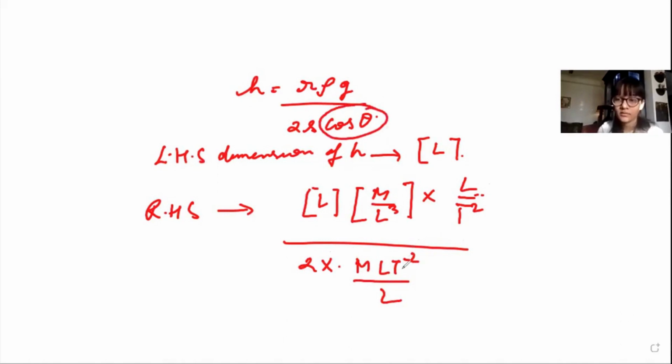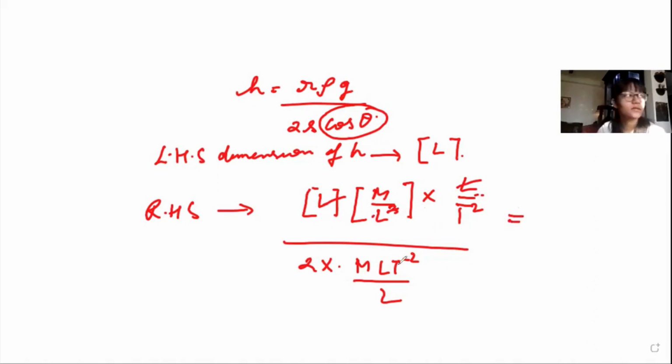Cos theta is dimensionless. So finally when you simplify this, you can check it out. M and T get cancelled, and finally what is left?